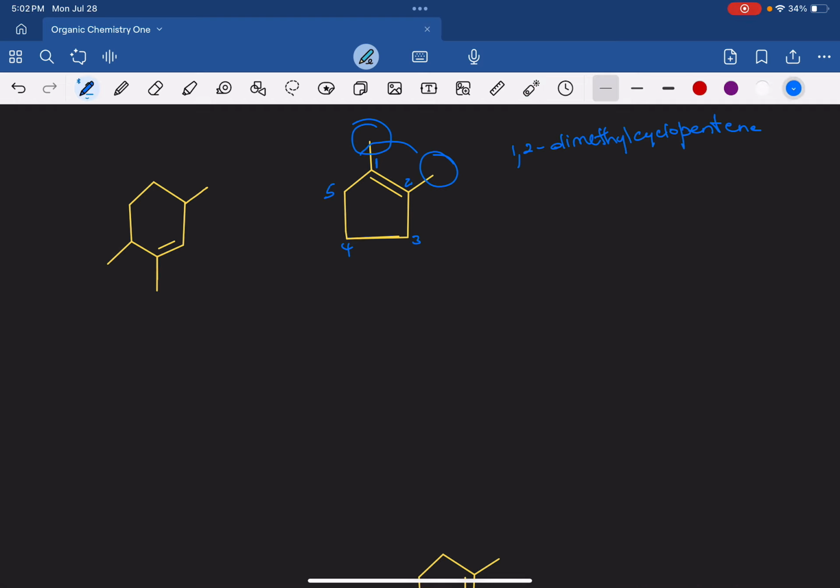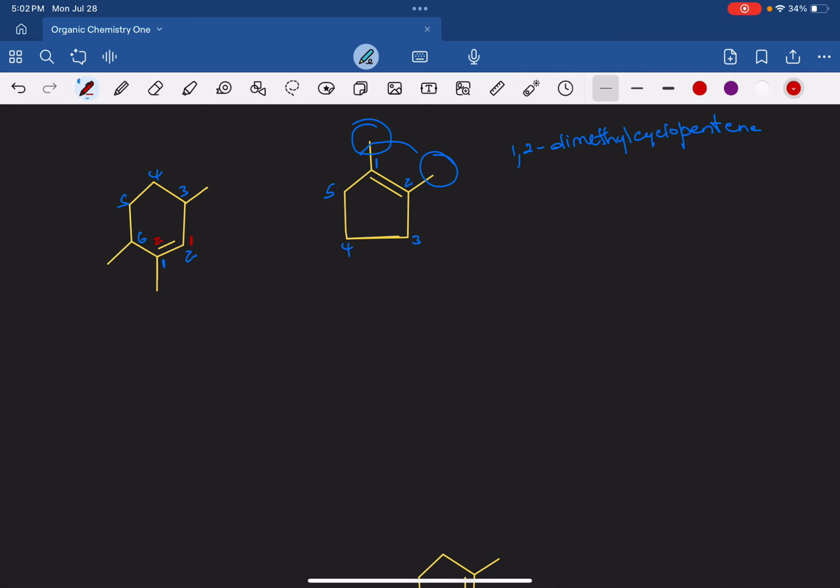Remember, you number 1, 2 in the direction that gives the substituent you encounter first the lower number. When I put number 1 here, I am putting 1, 2 by my double bond, and the substituent I encounter first is on 1. There's no number lower than 1. We could not have done this in that direction, because the substituent you encounter first would be on 2.